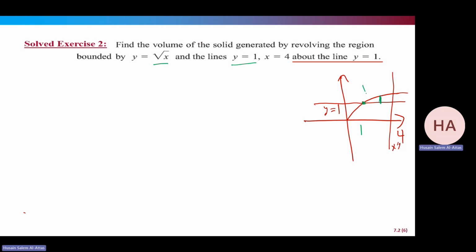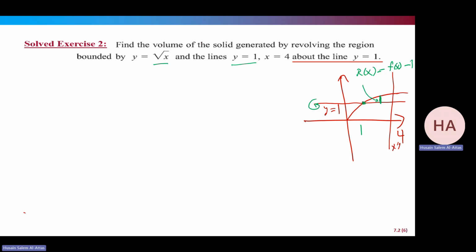This will be my line, so this will be r of x, and it will be f of x minus 1. By the way, this is the line where I have the axis of revolution. So y equal 1 is the axis of revolution in this case.